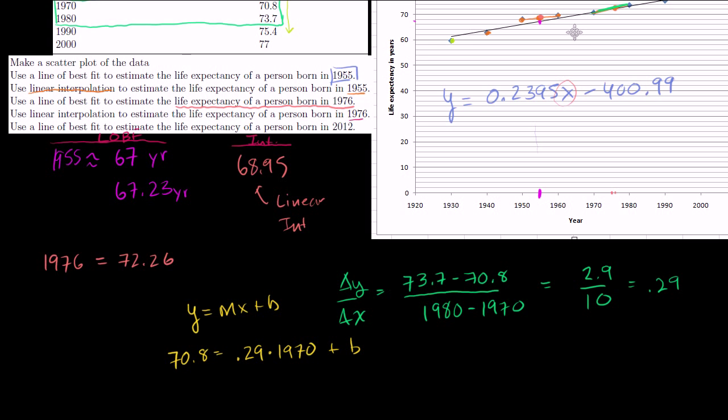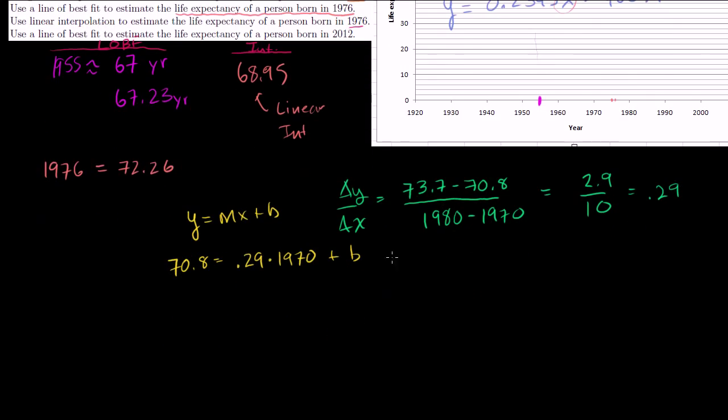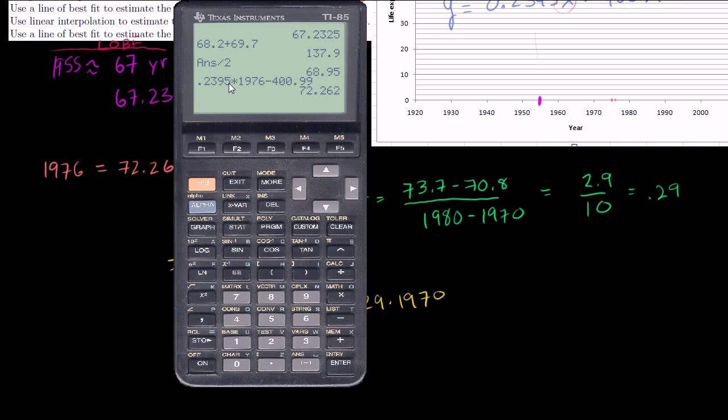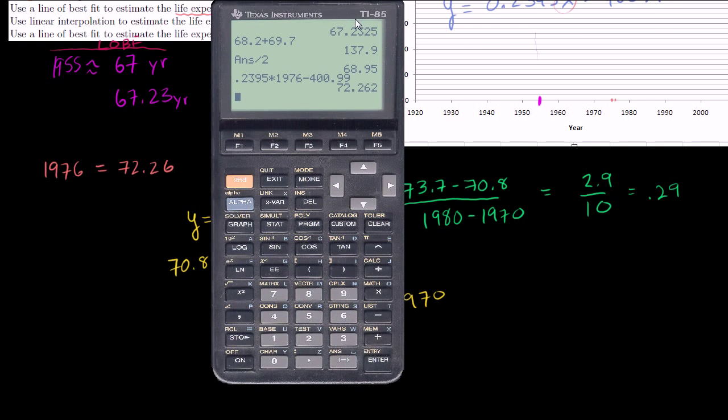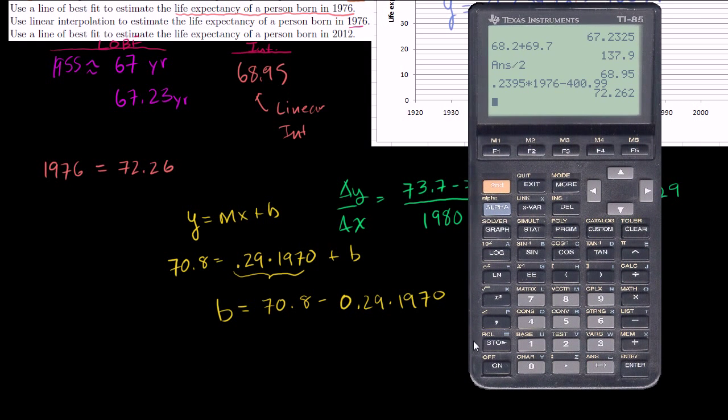Now we can calculate our y-intercept. So what is our y-intercept? We have to subtract this from both sides. So b is equal to 70.8 minus 0.29 times 1970. Let's get our calculator out.